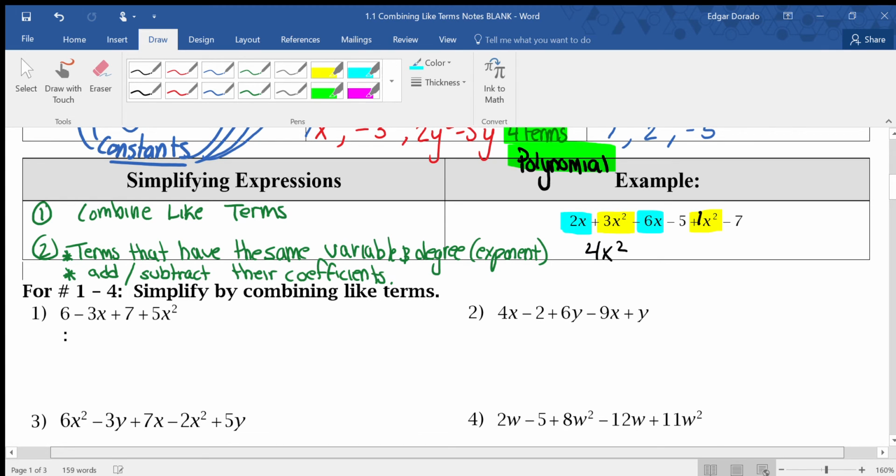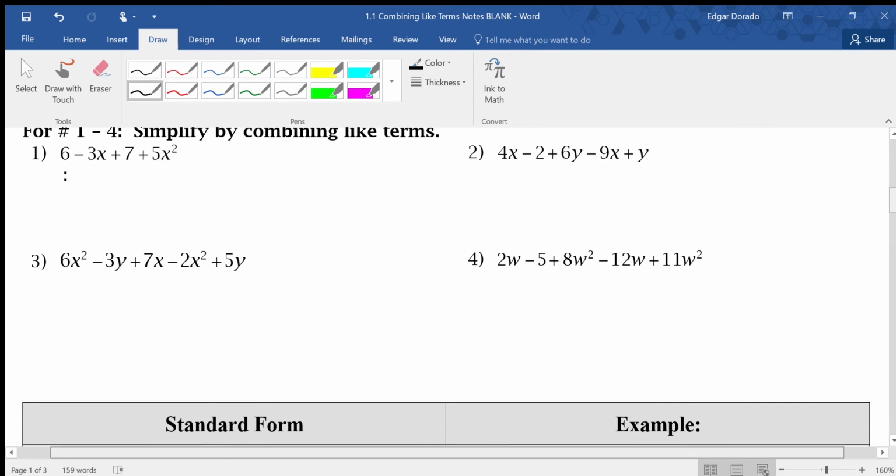So we have that 2x and the negative 6x. If I combine those once again, that is a negative 4x. And finally, we have these constants. Remember we talked about constants? We have those constants, and those are a negative 5 minus 7. That gives me a negative 12. So I have officially combined my like terms. All right. So let's go ahead and continue with this and get some more practice.